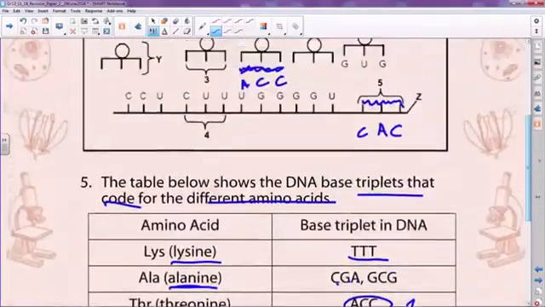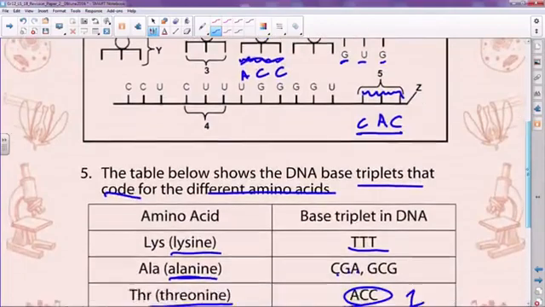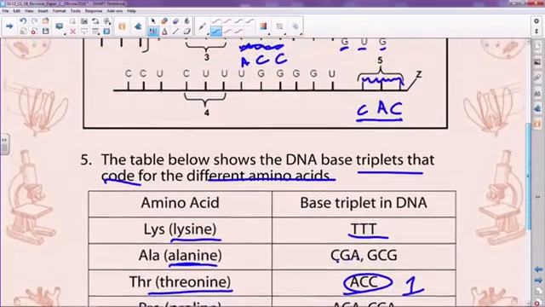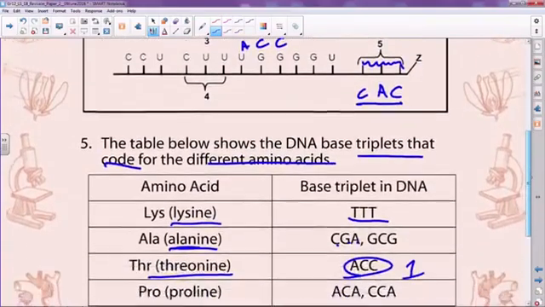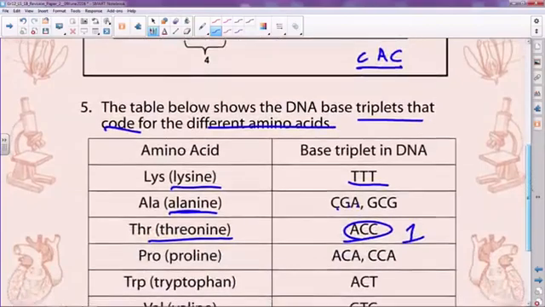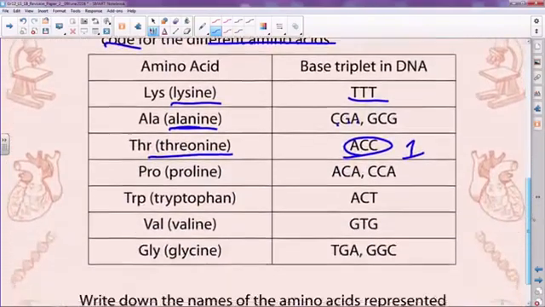Number 5, we can't give it. Because look, it's CAC, opposite of G, opposite of U, opposite of G. And if we have a look at it, there isn't any there. It's supposed to be CAC, and there's no CAC. There's CCA, so none of them are there.